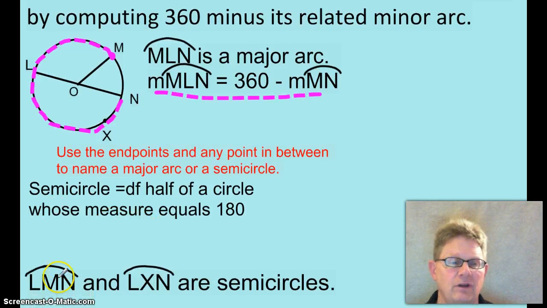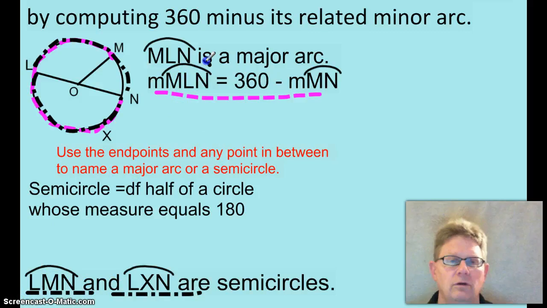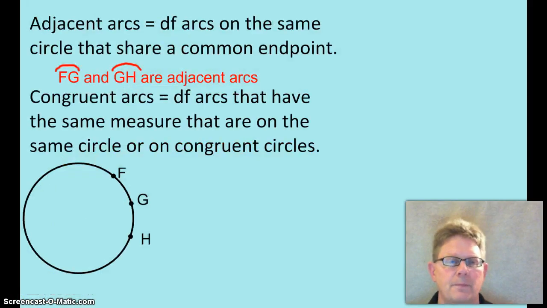The names of those semicircles are arc LMN, that would be this arc here, which is a semicircle, and arc LXN, which also is a semicircle. Make sure that you use 3 points to name semicircles or major arcs.